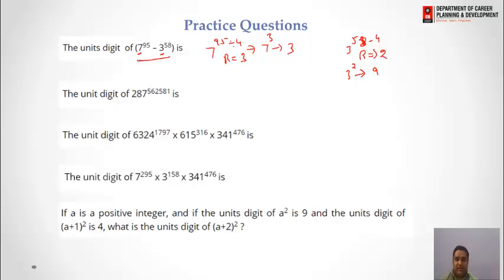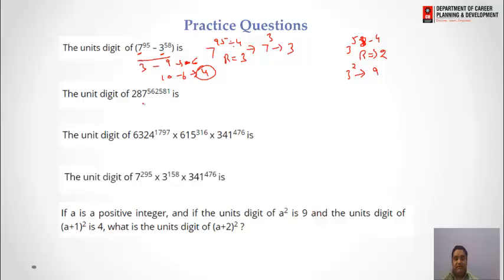So the first unit digit is 3, the second is 9, the answer is minus 6, which is not possible. Whenever the answer is negative, we subtract it from 10, that is 4. It means the unit digit of this expression is 4.